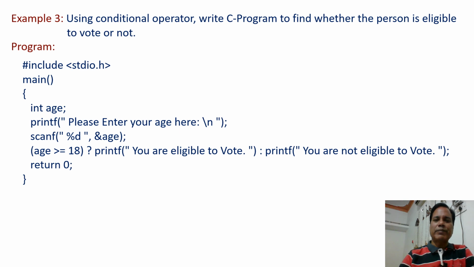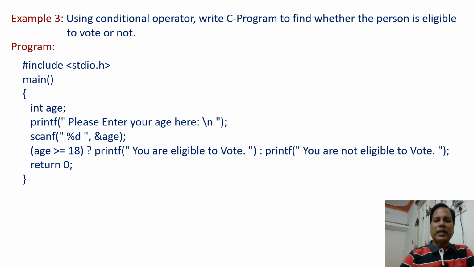And the next statement printf, please enter your age here. This is the message for the user to enter his or her age. Whenever we enter the age, that is taken in by the scanf function and stored in the variable age.